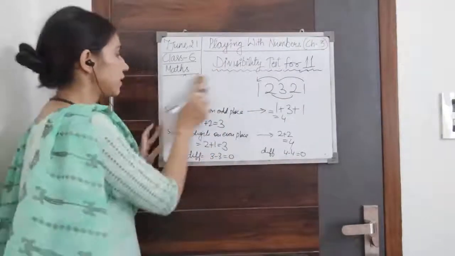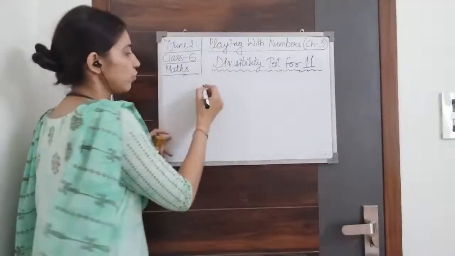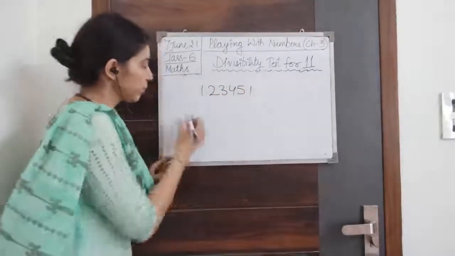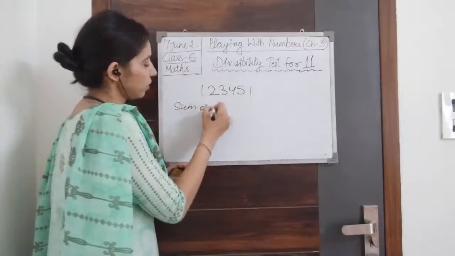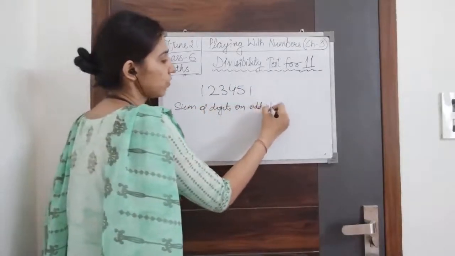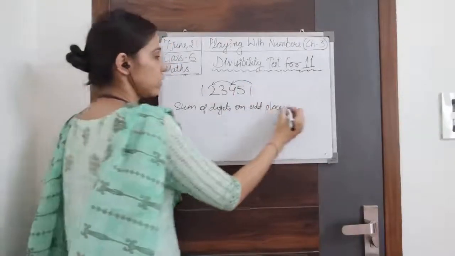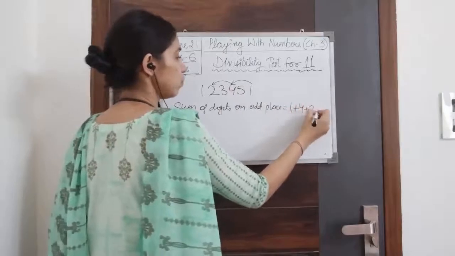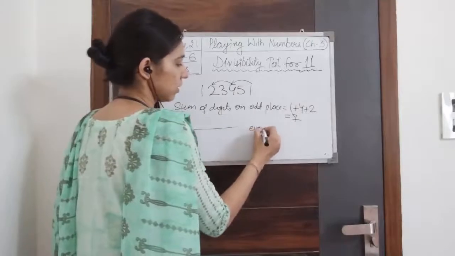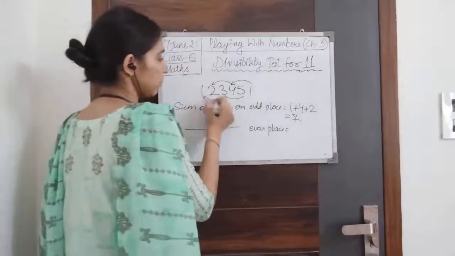अब एक ऐसा नंबर लेते हैं that is not divisible by 11. उसको चेक करते हैं. Suppose we have number 123451. Now we will find out sum of digits on odd place. It is 1 + 4 + 2 that is 7. Then we calculate sum of digits on even place. Even place पे we have 5 + 3 + 1.